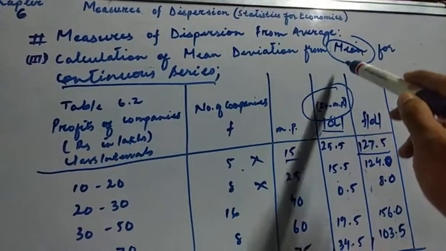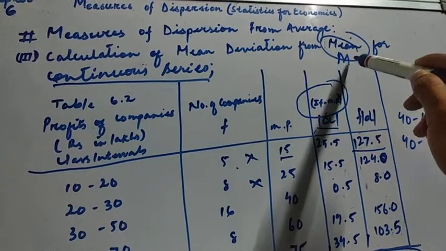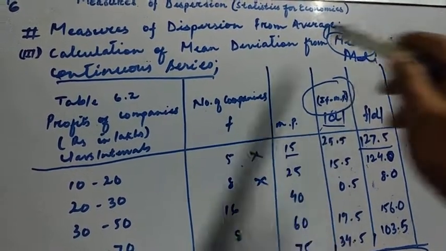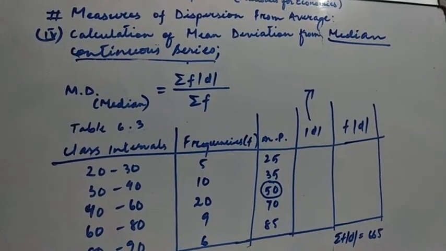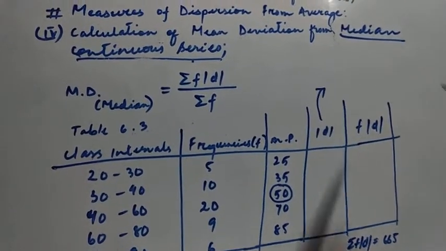Next we shall discuss the mean deviation from median for continuous series. This is number 4, the calculation of mean deviation from median.